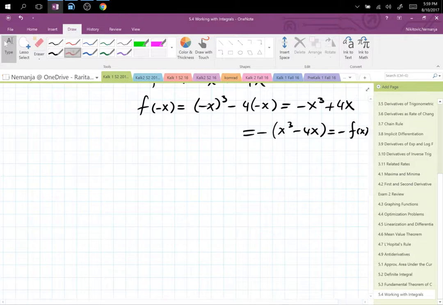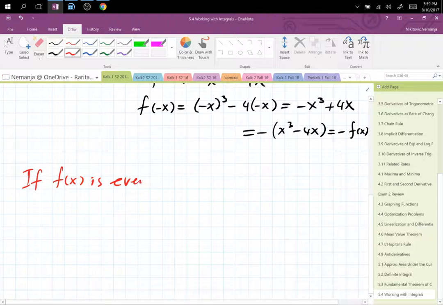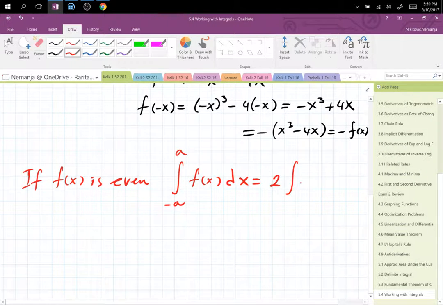So these two formulas that I'm writing right now are for when functions are either even or odd. If f of x is even, the integral from negative a to a of f of x dx is the same as 2 times the integral from 0 to a of f of x dx.